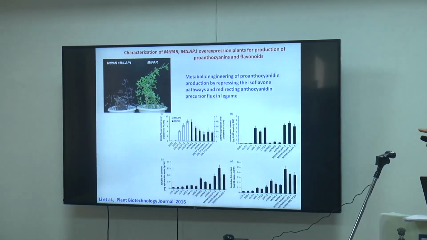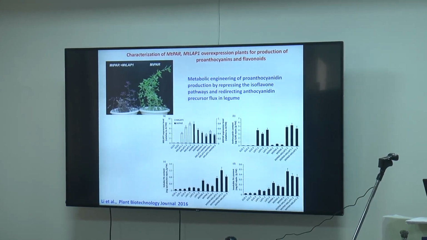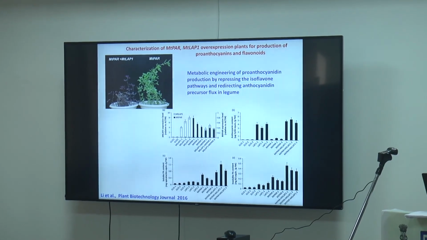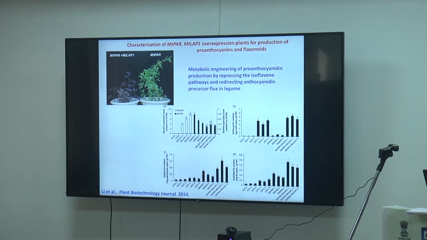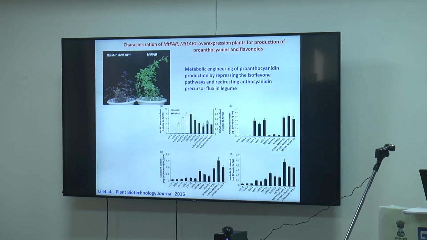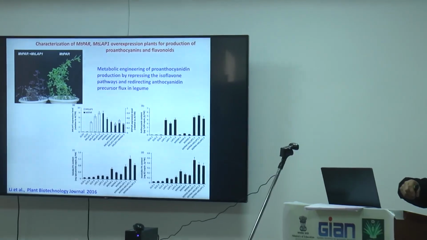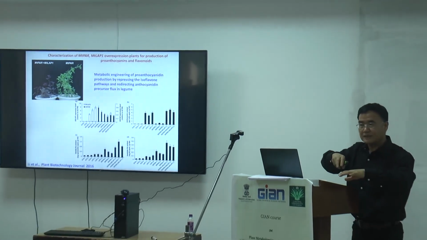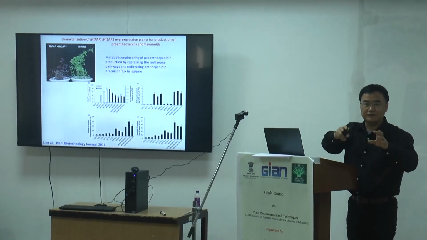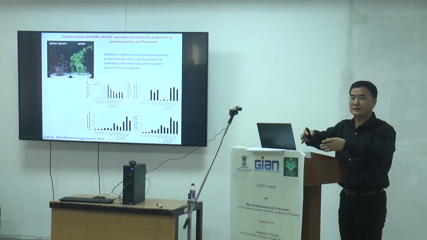However, when we overexpress MtPAR, they produce catechins or epicatechin, and those compounds have a lot of hydroxyl groups and prevent lethal bloat. They stop or slow down the protein digestion in the first stomach of cattle or sheep.